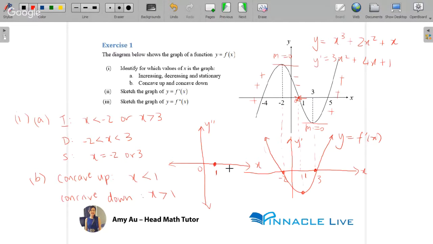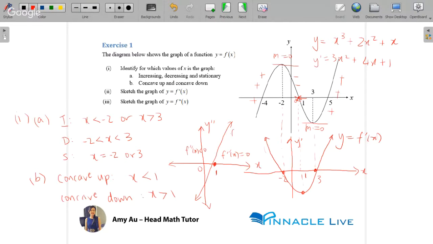All right, so at 1, that should be a 0 because the second derivative should be 0 at an inflection point. And then concave down, so the second derivative is negative. So let me draw that first.